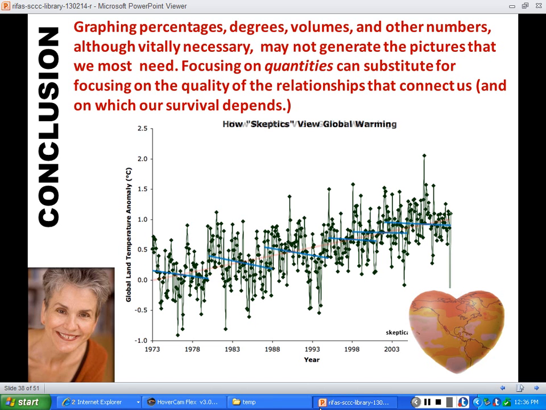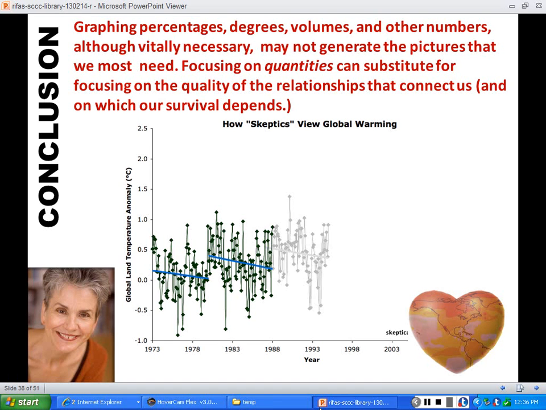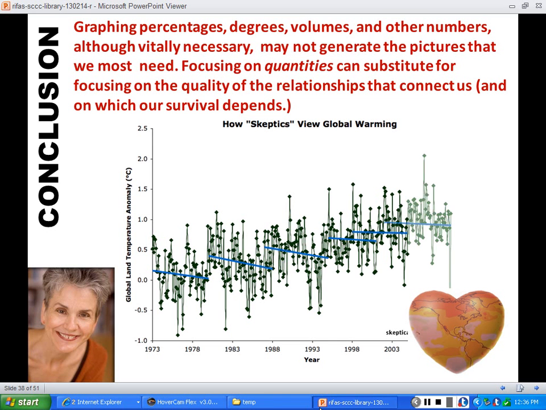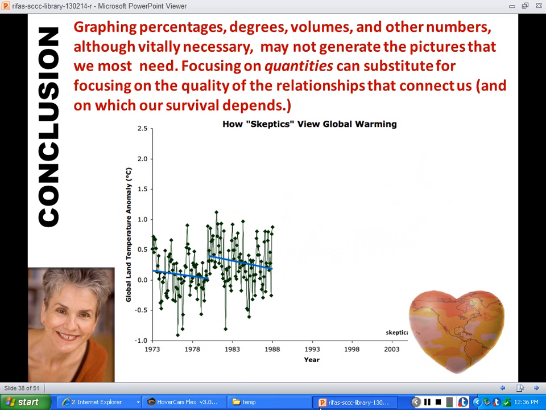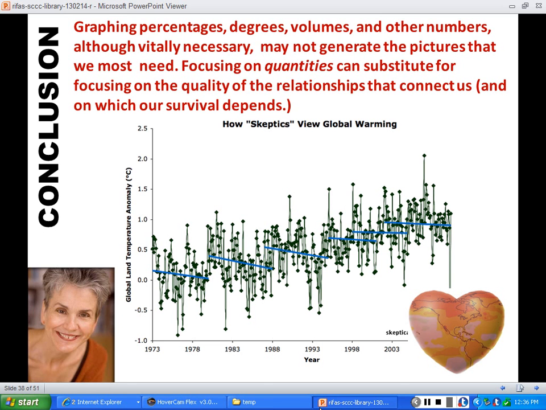And I love that graphic, but I was reading something by Francis Moore Lappé, who I told you about at the beginning, who got me started on this de-cartooning business. And so what I'm going to do is give you a kind of paraphrase of what I gleaned from an article that she had published last year as it applies to climate change. It says that graphing percentages, degrees, volumes, other numbers, although vitally necessary, may not generate the kinds of pictures that we most need.